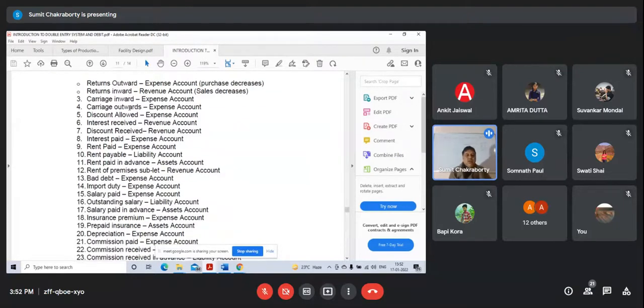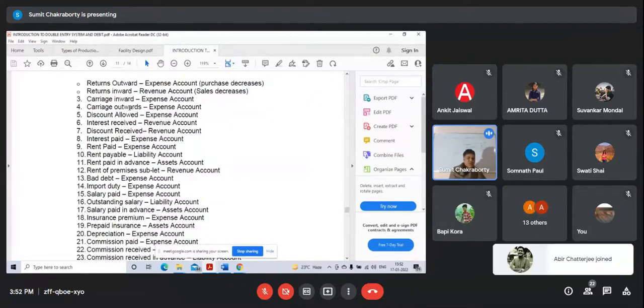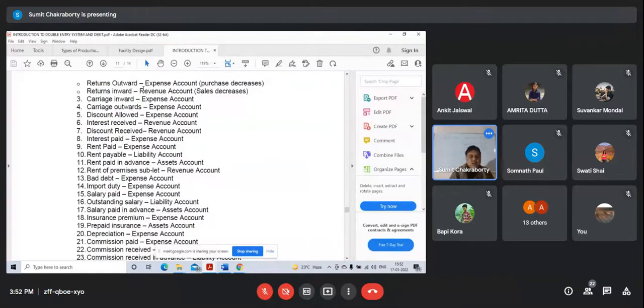Not every word you will understand right now, but I'm assuring you will understand it better as we go on. Outward means we are sending back. We have received certain items from vendors. Now we are sending back, because we no longer need them, or the items are defective. So purchase decreases.